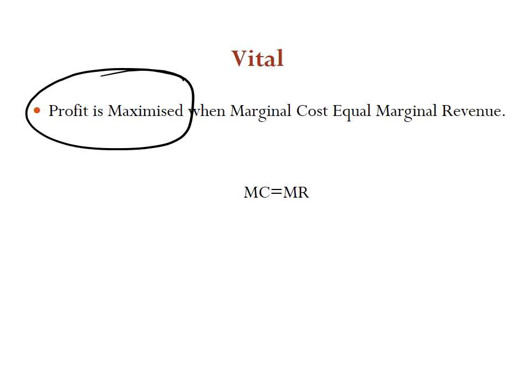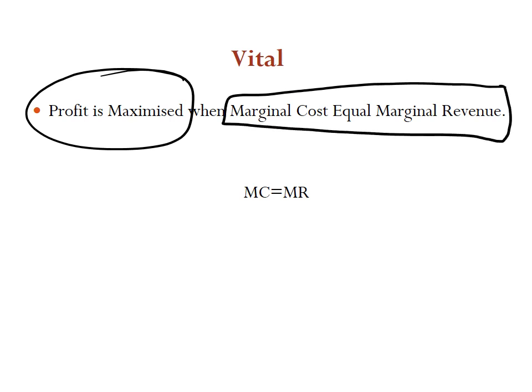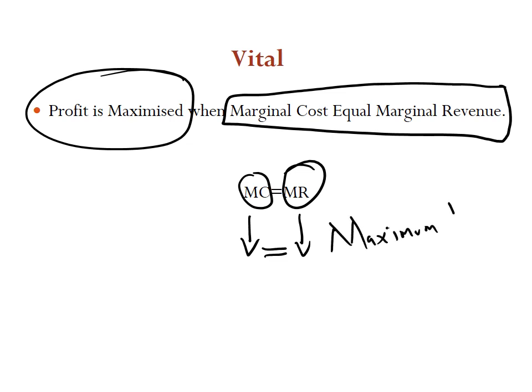Profit is maximized when your marginal cost is equal to your marginal revenue. So all you have to do is calculate all your marginal costs, calculate all your marginal revenues, find the point at which your marginal cost is equal to your marginal revenue, and at that point, you have maximum profit.